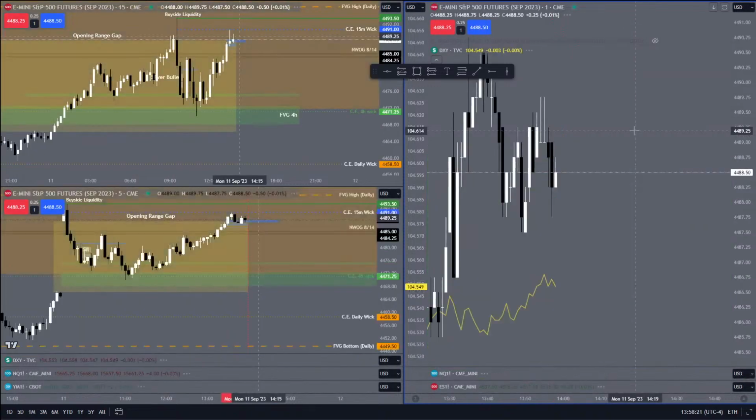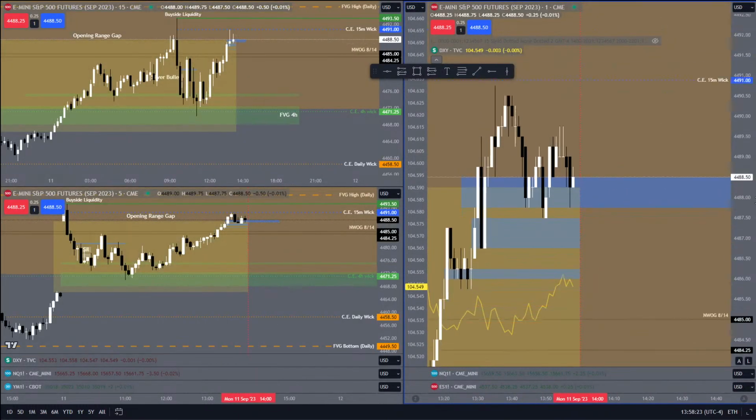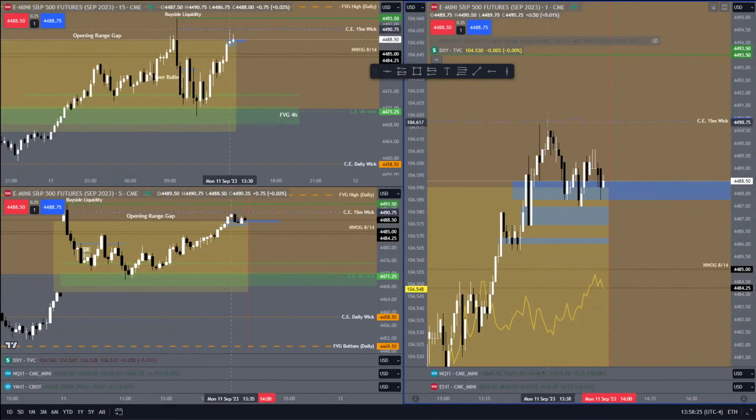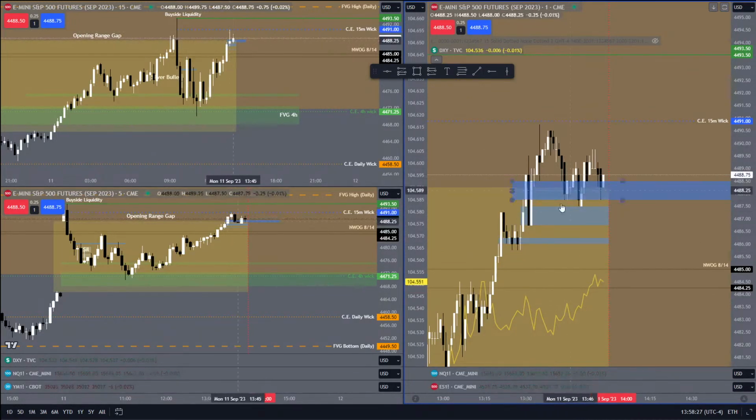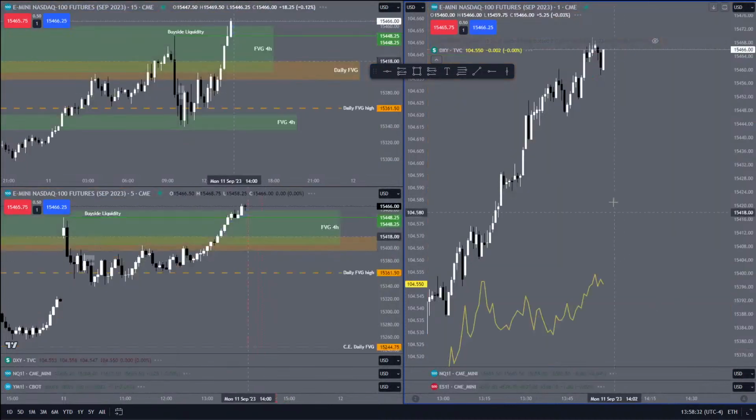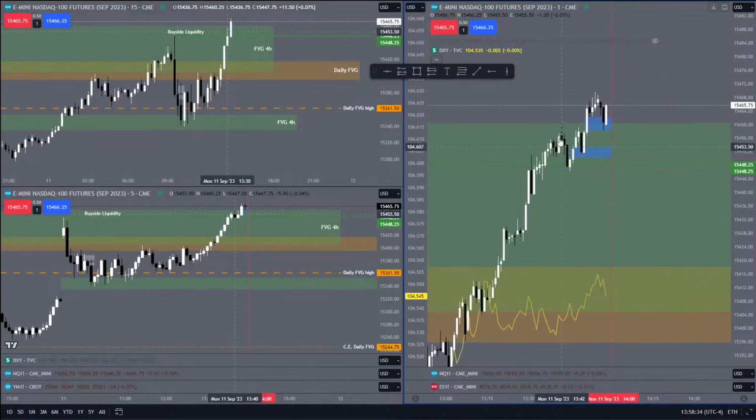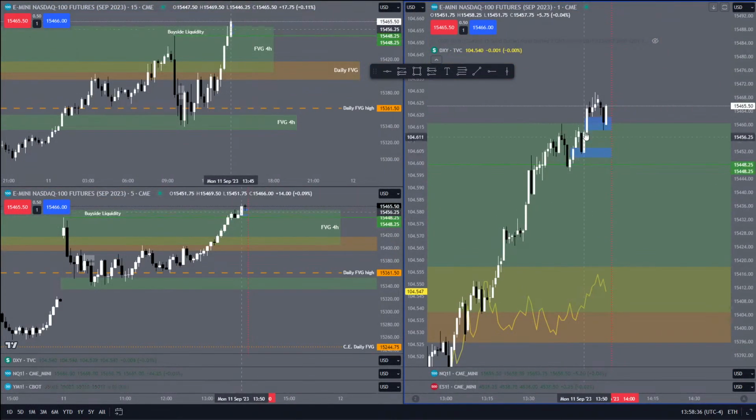Flip back to ES. See, ES is a little muddier, a little choppier, whereas the NASDAQ is still making higher highs and higher lows that are a little cleaner.